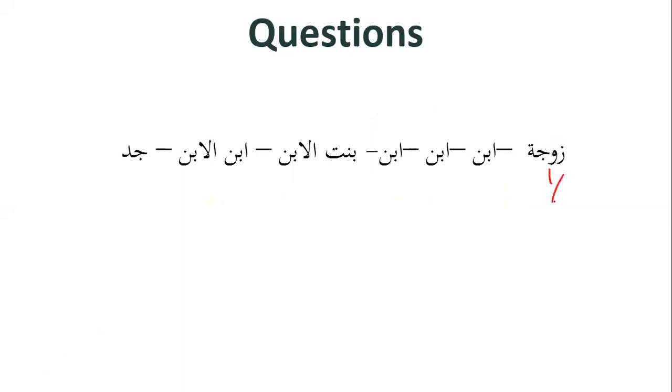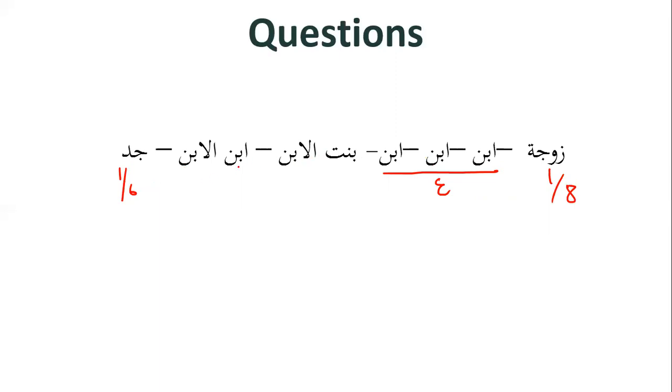In this question, the zawja will receive 1/8. The 3 ibns together we haven't covered as yet, but they will receive asaba. And the jad, because of the ibn, will receive 1/6.